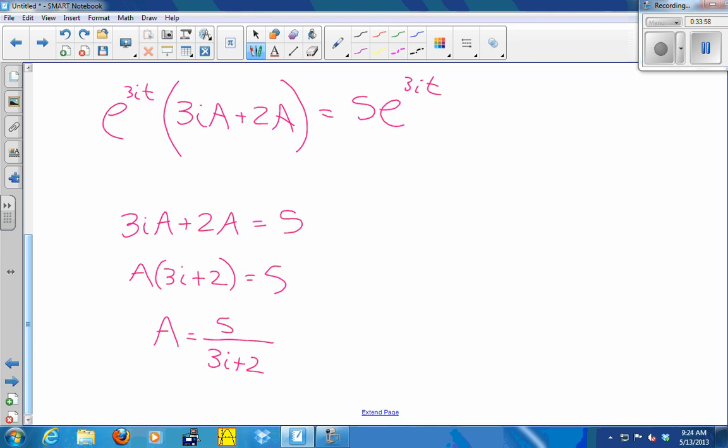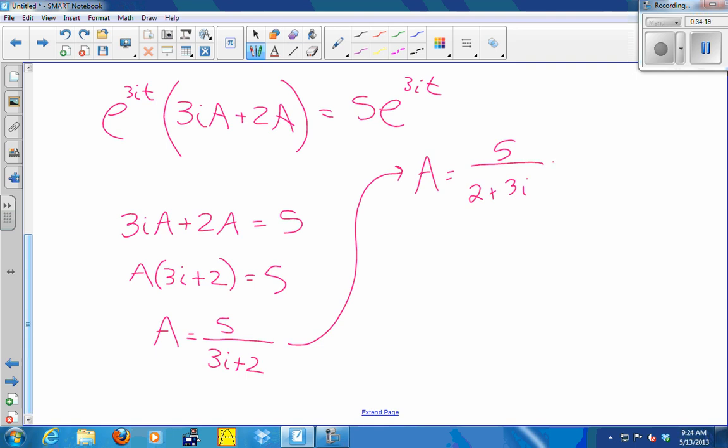All right, so if you remember from maybe a college algebra class, the way you simplify when you have a complex number in the denominator is you multiply top and bottom by the complex conjugate. Okay, so a is 5 over 2 plus 3i.